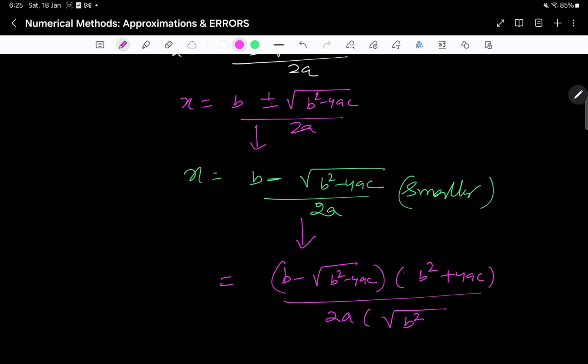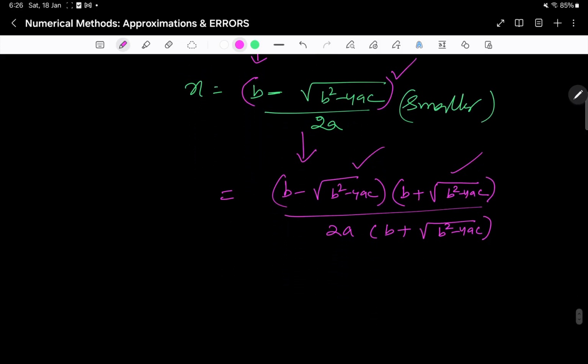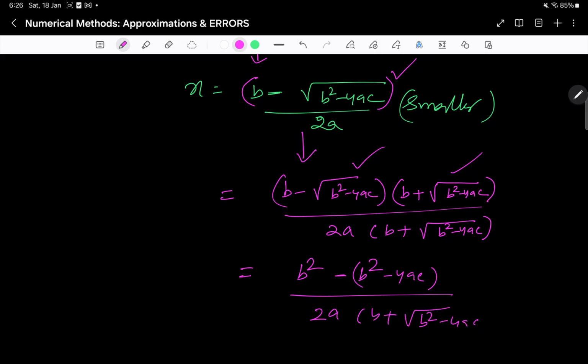It is b plus root over of b square minus 4ac. Just in order to apply the formula a minus b into a plus b, it is simplified. It will give b square minus 4ac divided by 2a into b plus root over of b square minus 4ac.